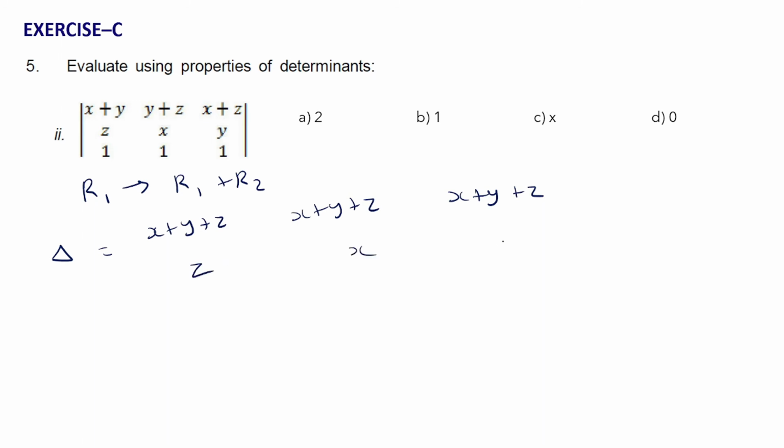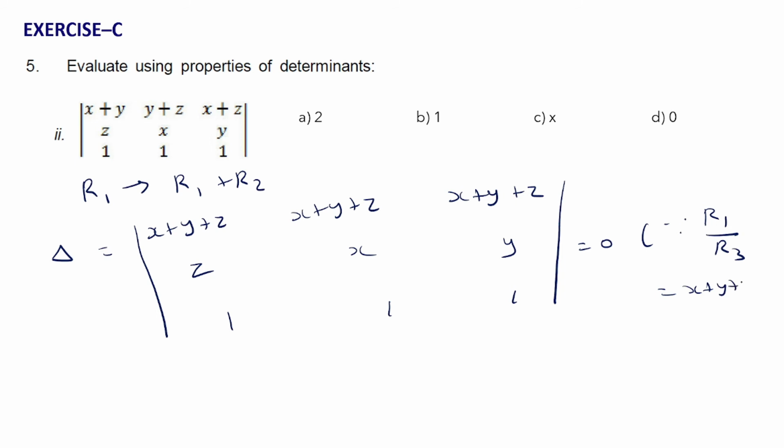Then z, x, y, 1, 1, 1. Here we can see that R1 and R3 are proportional. So this is equal to 0, since R1 by R3 is equal to x plus y plus z. So the correct option is option D.